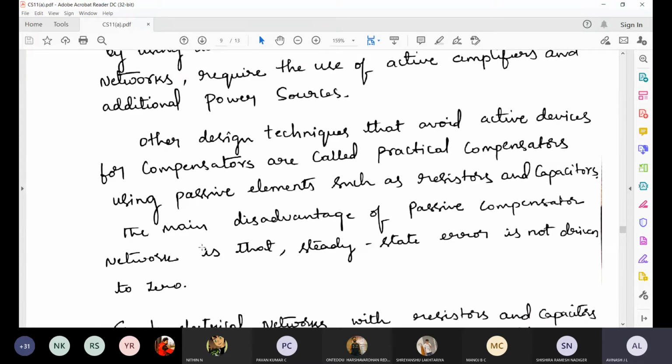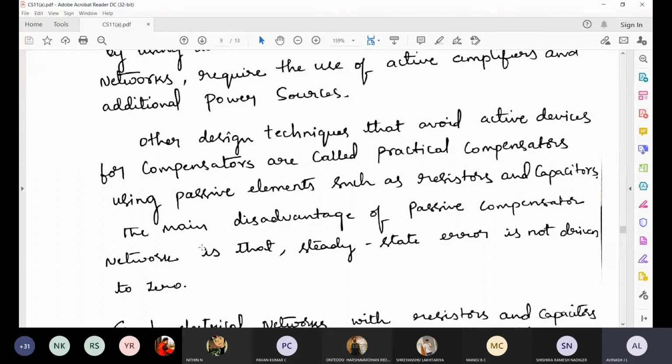Ideal means the errors become zero, so error free. But in a practical network, the error cannot be equal to zero. That is the difference between practical and ideal compensators.